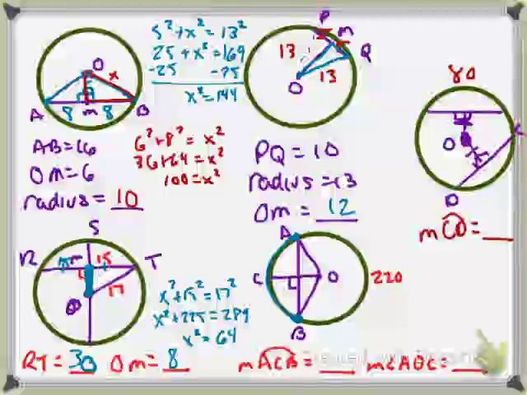Subtract. That's a portion of the circle, and we know how big the rest of the circle is. So a whole circle is how big? 360. 360 minus the 220 that is the rest of the circle leaves us with 140 for ACB, A through C ending at B.